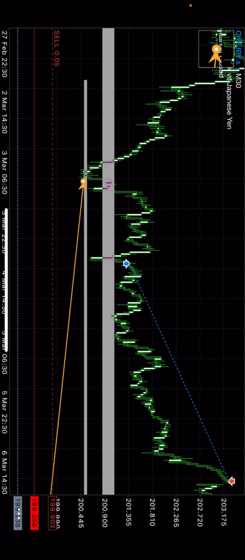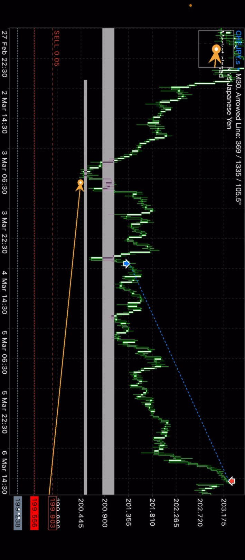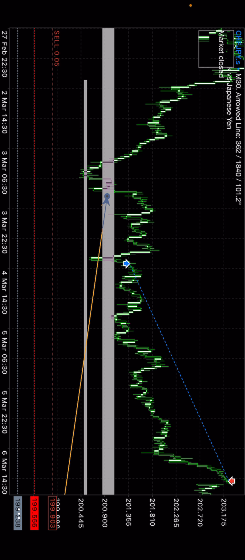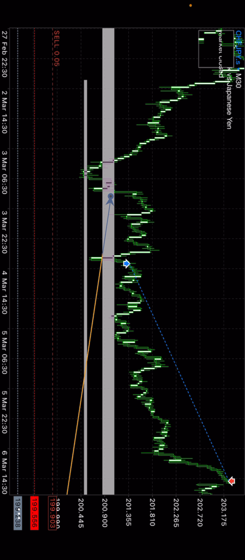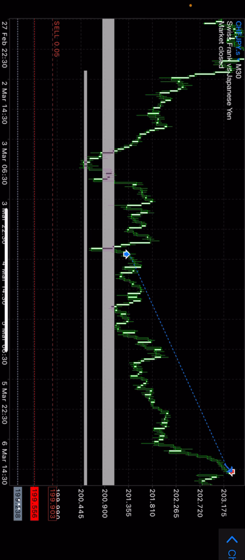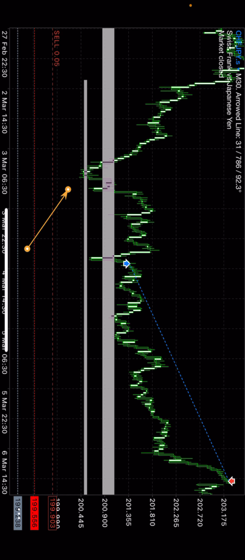You see, we had a low, we had a lower high, we had a higher low. Price broke above this previous high right here. Don't know if you guys can see properly. So we had a low, lower high, higher low, higher high. I was just waiting for this pullback in order to take the trade.